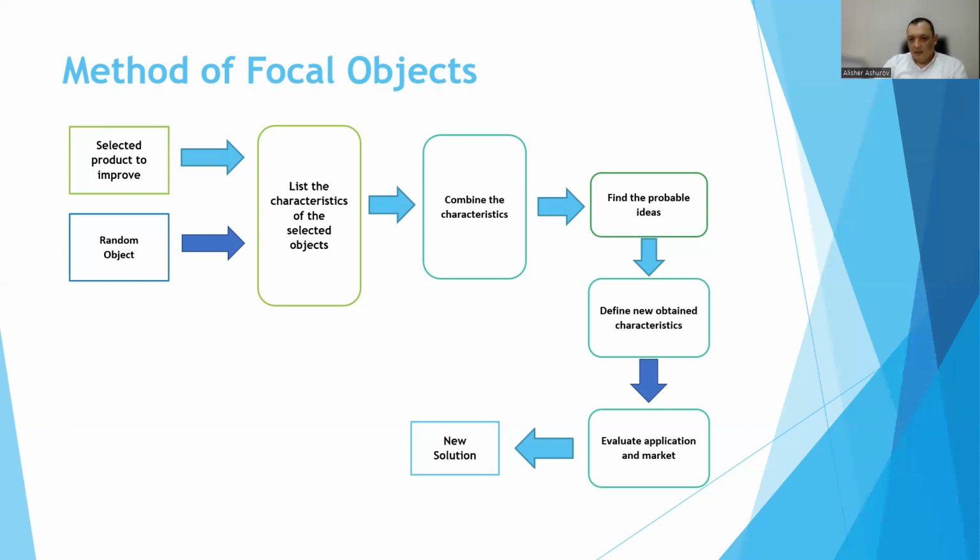Define the newly obtained characteristics. Then evaluate application and market, maybe for this product or for this object, let's say. And then after overcoming this process, you may find a new solution. It is really important.